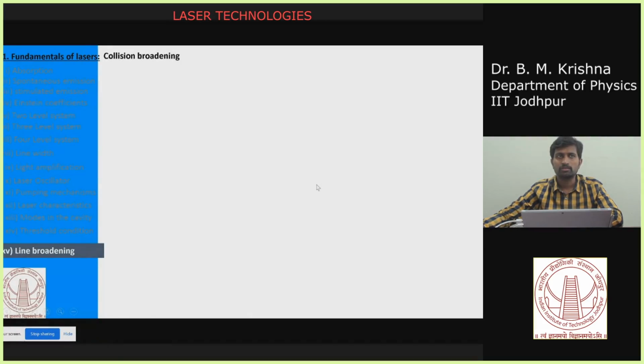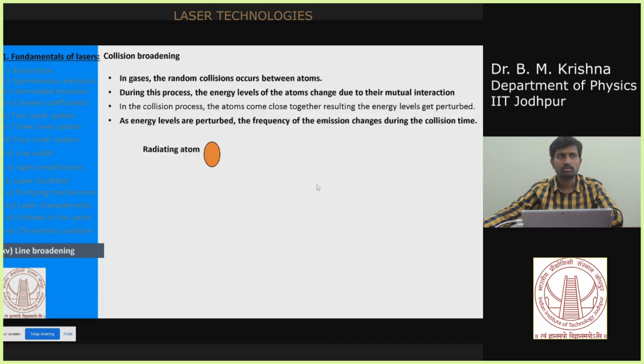So in the last class we discussed the broadening mechanisms, such as collision broadening. We discussed that collision broadening mostly happens in gaseous molecules, where you have a radiating atom. When there is a collision between two atoms, a sudden phase change appears.